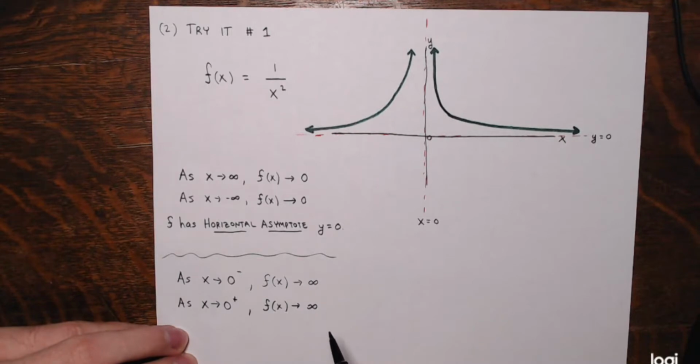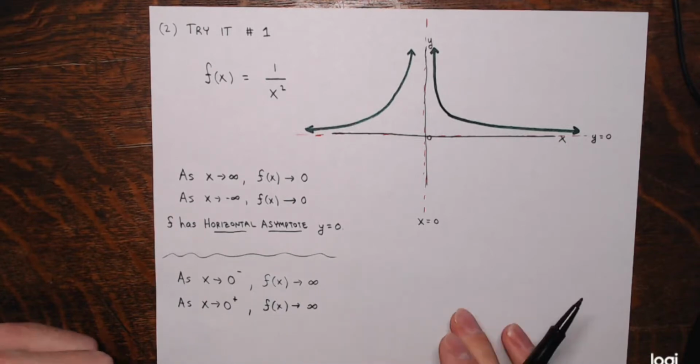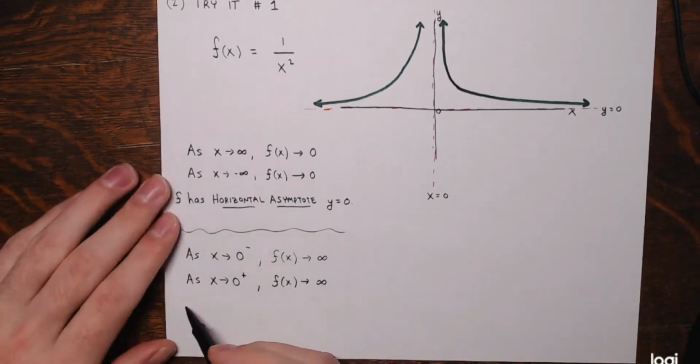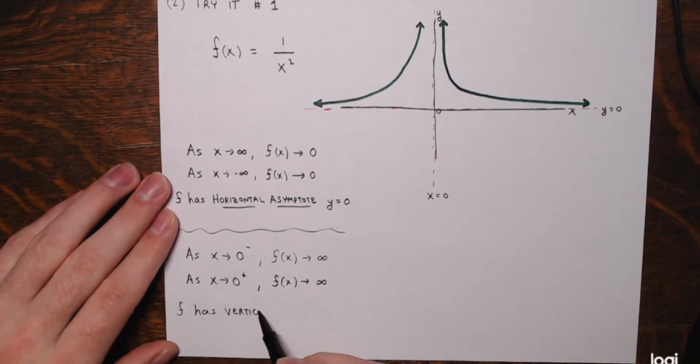And again, if x is approaching some finite value from the left or the right, and the output's going to infinity or negative infinity, you would say that the function has a vertical asymptote there. So f has a vertical asymptote of x equals 0.